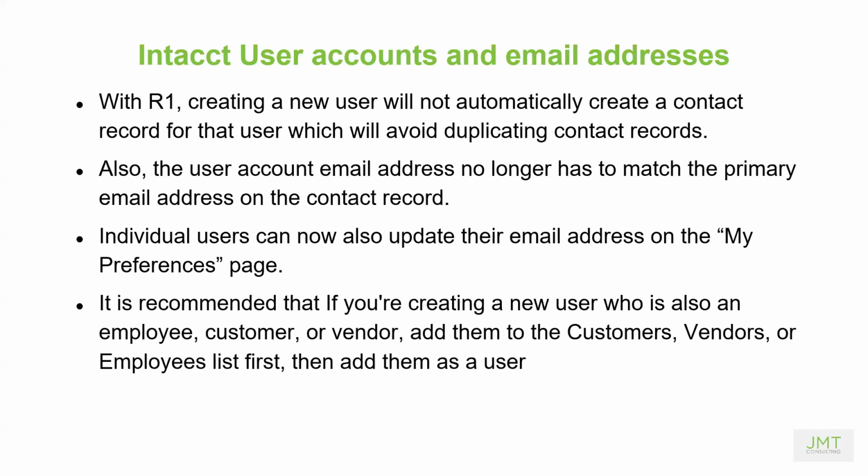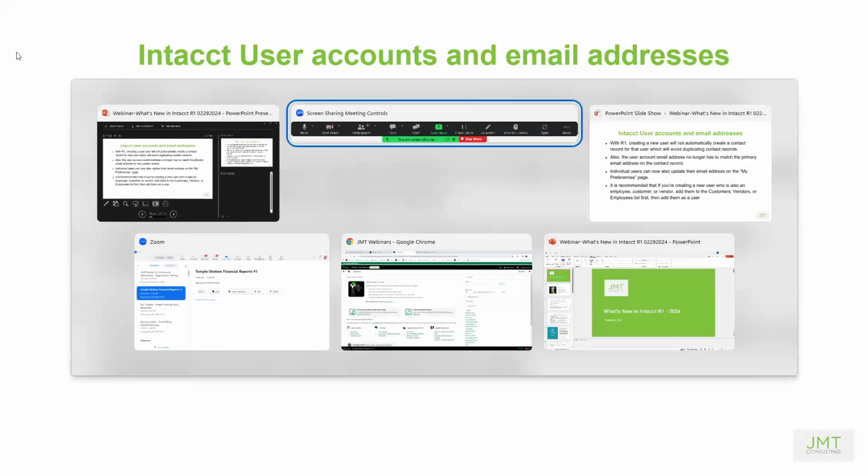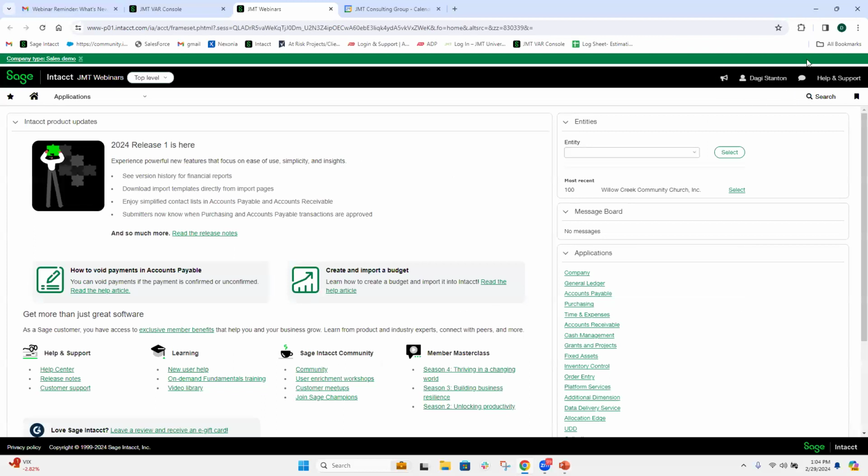The third bullet point is that individual users can now also update their email addresses on the My Preferences page. That's a good thing. So with that, I want to show you in Intacct what I mean. If I go to Intacct, here we go. My Preferences is where your name is at the top right-hand corner.